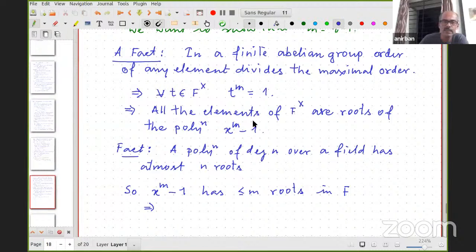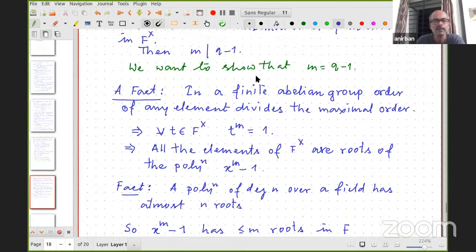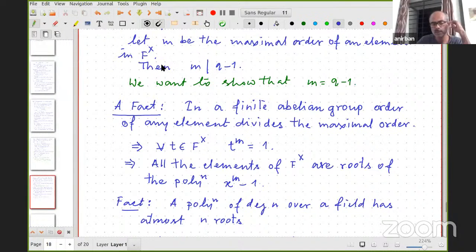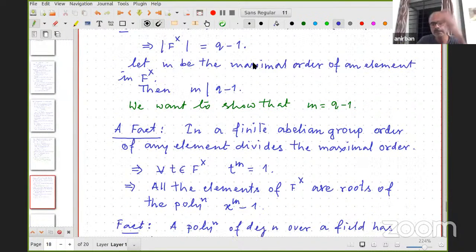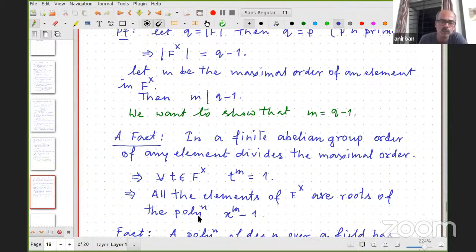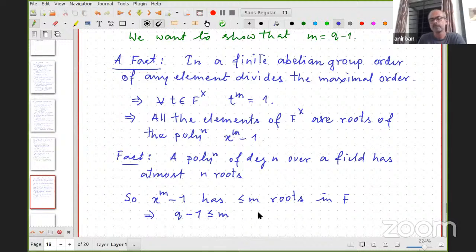All the elements of F cross satisfy this polynomial, so they are all roots, and we have at most M roots. Here we have q minus 1 roots, because the multiplicative group has q minus 1 elements, and the number of roots is bounded by M, so q minus 1 is less than or equal to M.